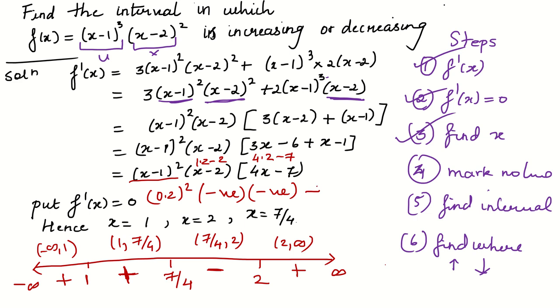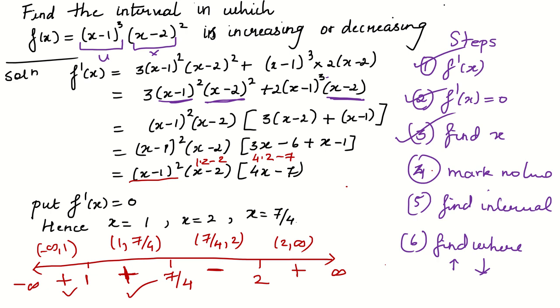So overall it is a positive number. So still what we have done is correct. Now your next interval is 7 by 4 to 2. So you can take some number just before 2, that is 1.9, and check it out. Similarly, from 2 to infinity, suppose you can take the number 3 and check. This is the second method.